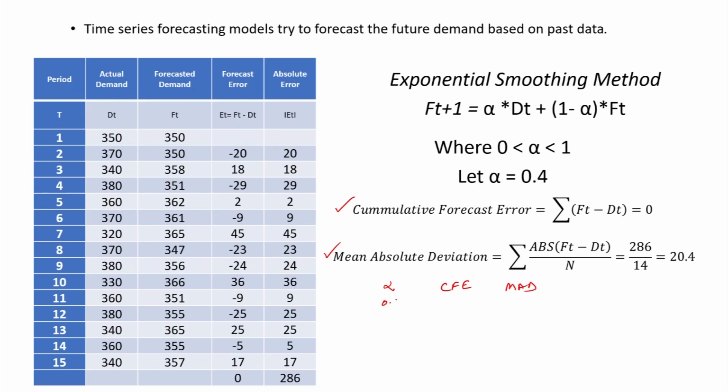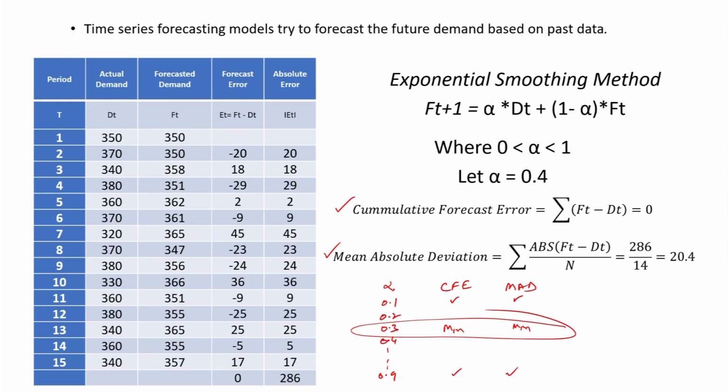I can take the value of alpha 0.1, 0.2, 0.3, 0.4 and up to 0.9, and see what is the value of CFE and what is the value of mean absolute deviation here, and based on that I may select that, okay, this is the minimum. So, let us select this, minimum CFE, minimum absolute deviation, as a model.